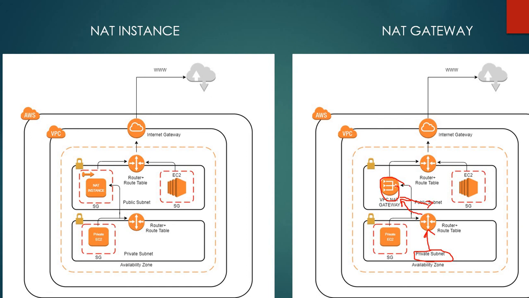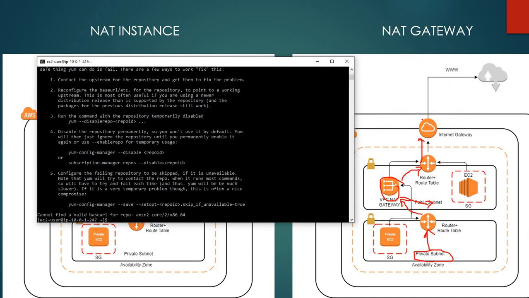This NAT gateway will communicate with the route table, and the route table will communicate with the internet gateway, and this gateway will have access to the internet. So now we can check, can we update it?